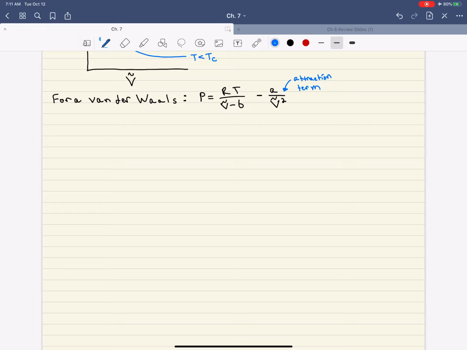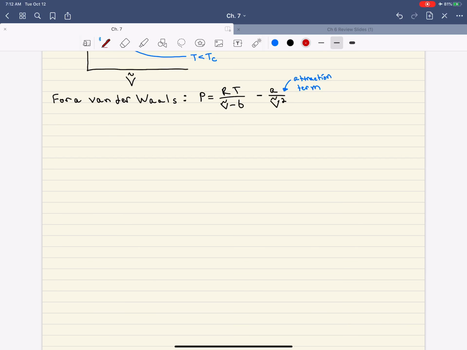With the van der Waals equation, if we're at a really high temperature, so let's say a temperature above Tc, this first term would dominate the equation.